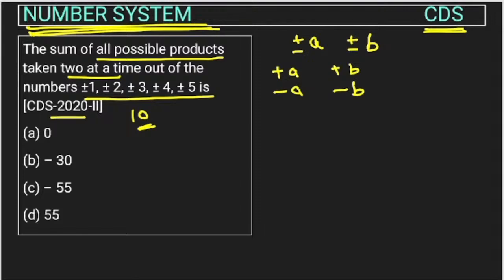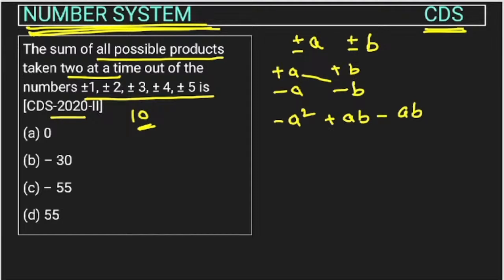So we have to take the sum of all possible products. So this A will get multiplied with minus A, so this will be minus A square. Now this plus A will get multiplied with this positive B, so this will be plus AB, and it would also be multiplied with minus B, so this will be minus AB.